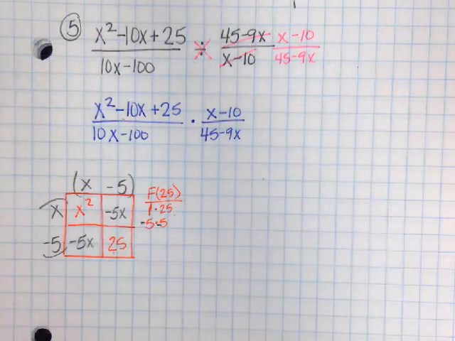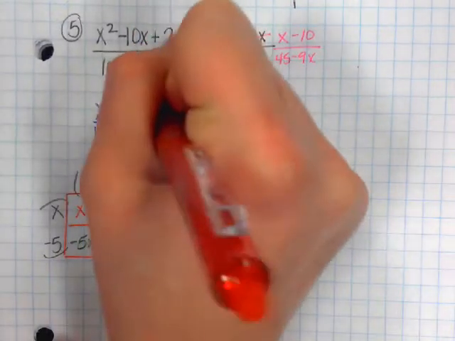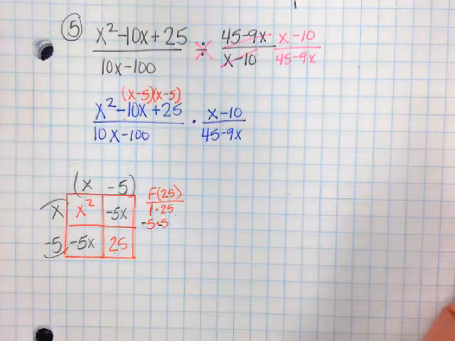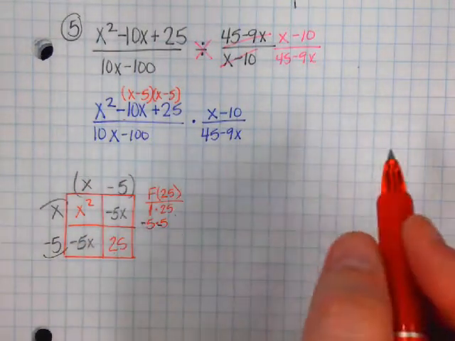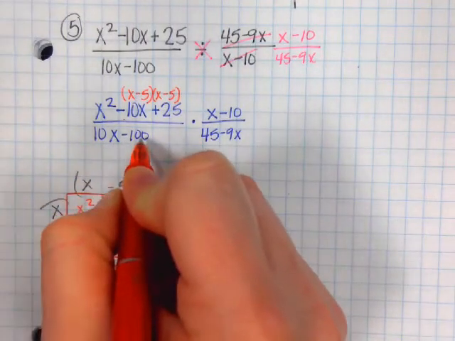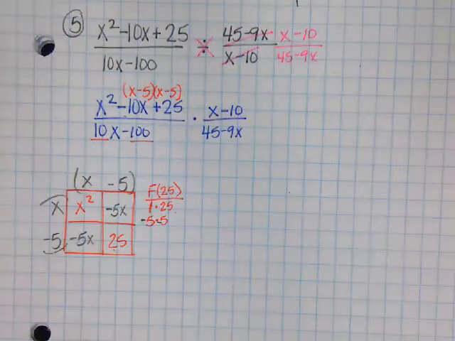So then it would be x, negative 5, negative 5. So this is actually x minus 5, x minus 5.